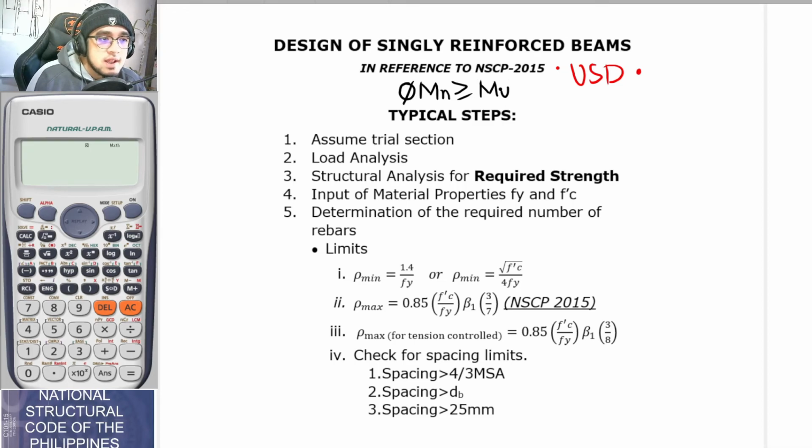And as for our design strength φMn, this is dependent upon these parameters. It is dependent upon the compressive strength of concrete, f'c, the yield stress of your rebars, fy, the base width of your concrete, bw, and it is also dependent upon the effective depth, d, and the value of your As, the total steel area on the tension side, I'm sorry.